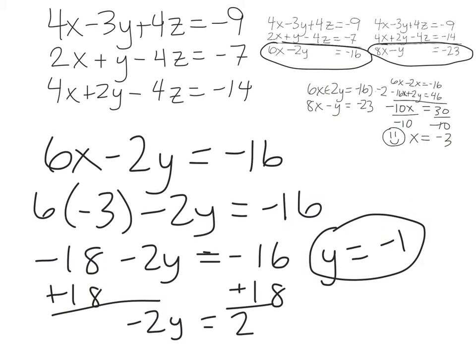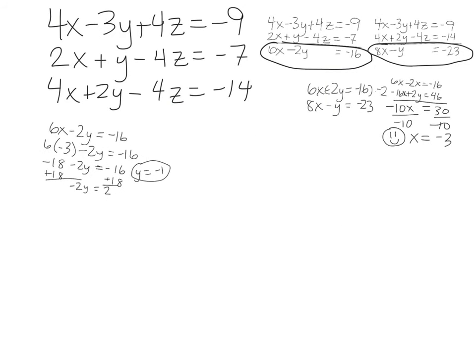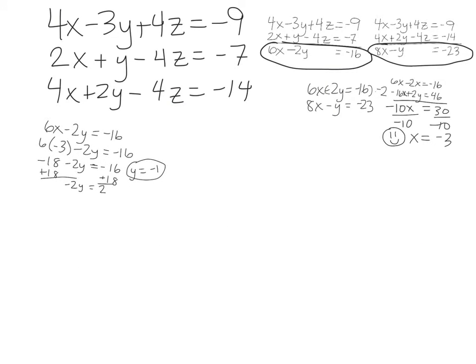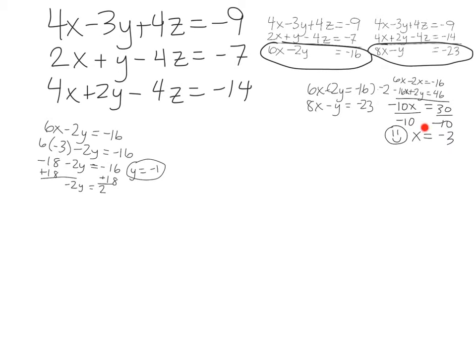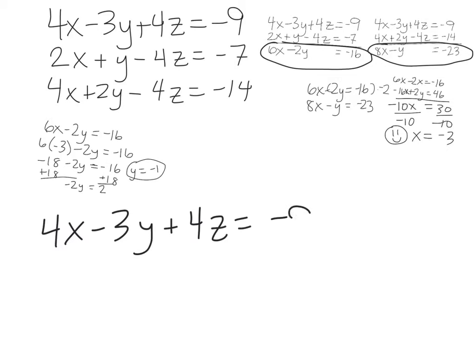All we have to do now is solve for z. So we can take both of those guys, this guy here and this guy here, and plug them into any one of these equations to solve for our final answer. So I'm going to pick the top one. So I'm going to have 4x minus 3y plus 4z equals negative 9.